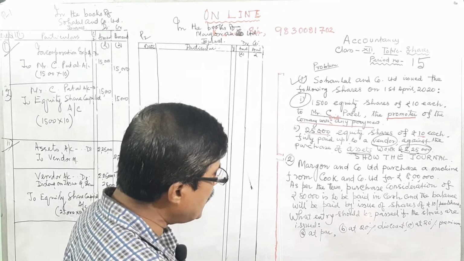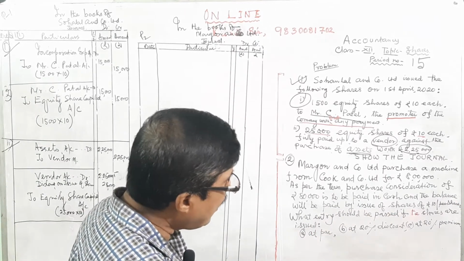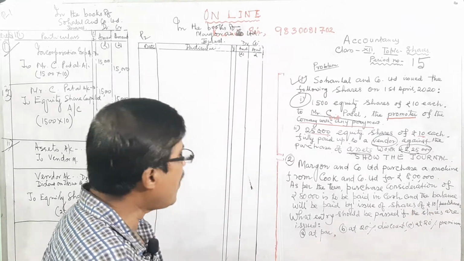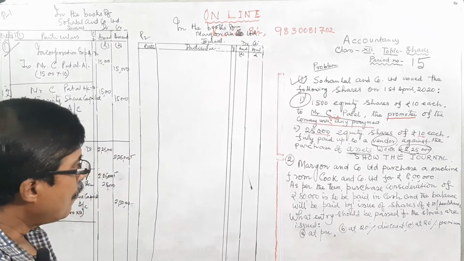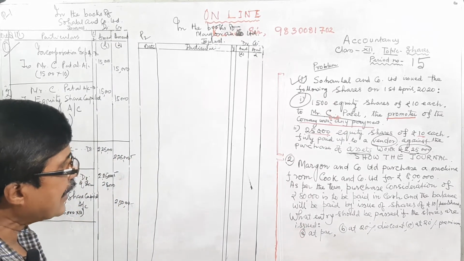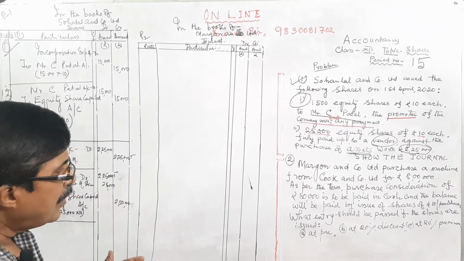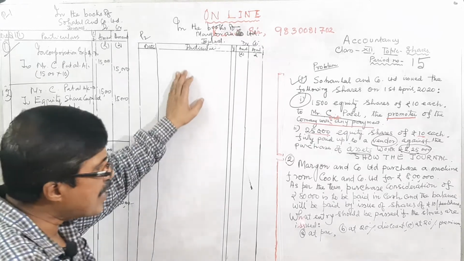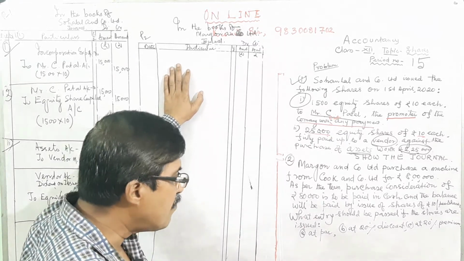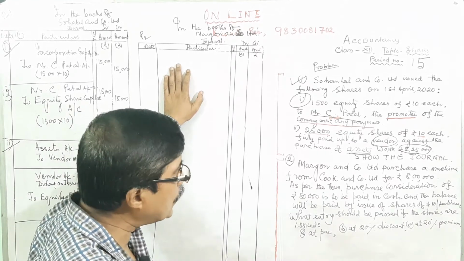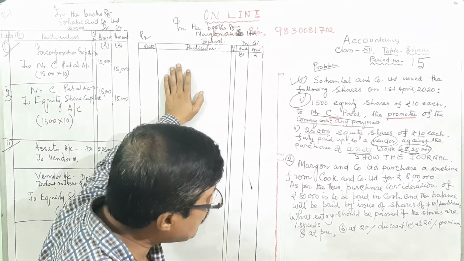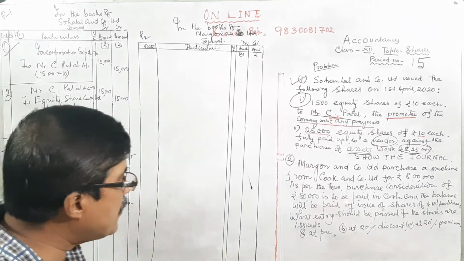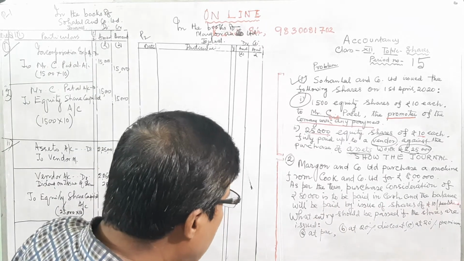What entry should be passed if the shares are issued? First one, under problem number 2: the company is paying off the rest of the total purchase consideration, 80,000 plus the balance, by issuing shares at par or face value, where the face value of the share is maybe 10 rupees per share.